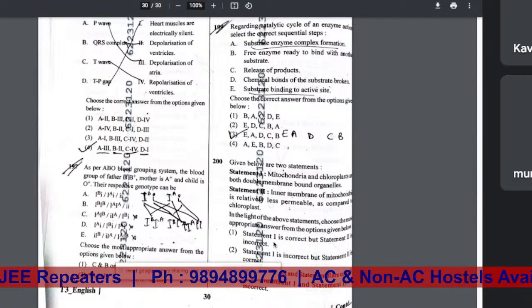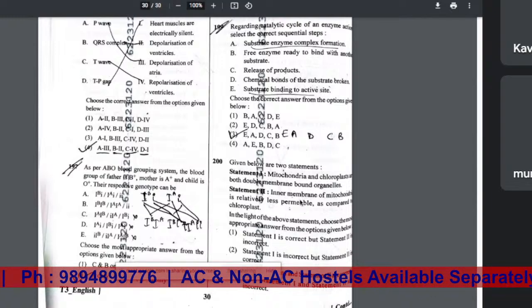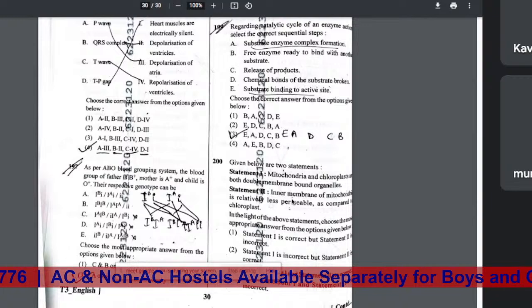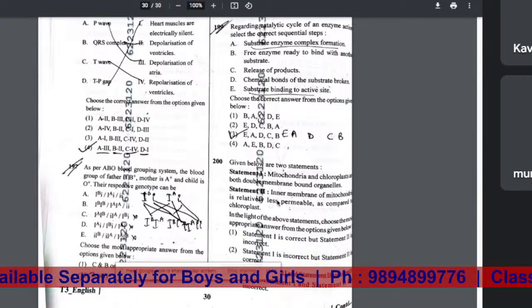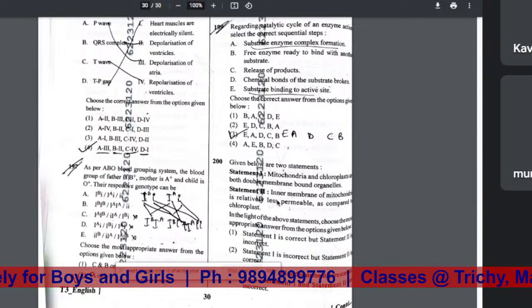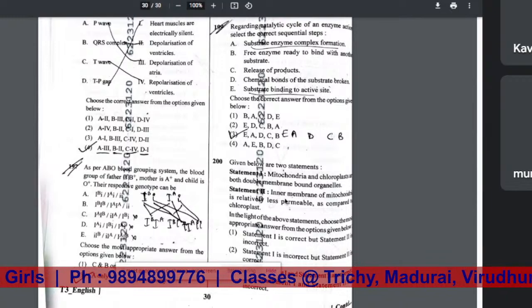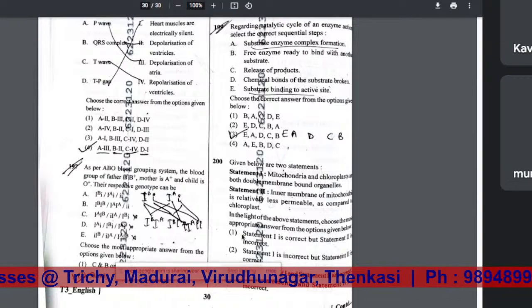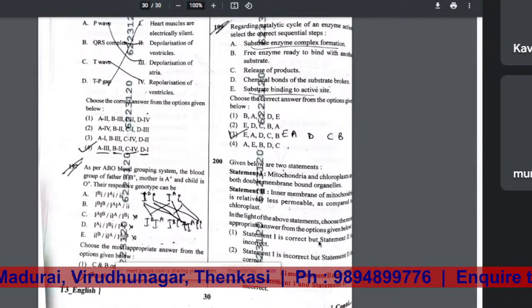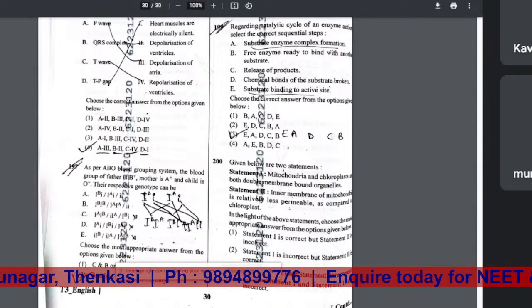This statement is wrong because both of them are less permeable. Both mitochondria and chloroplast are equally less permeable compared to the outer membranes. So statement 2 happens to be incorrect. So the correct answer is the first option. Statement 1 is correct, but statement 2 is incorrect.